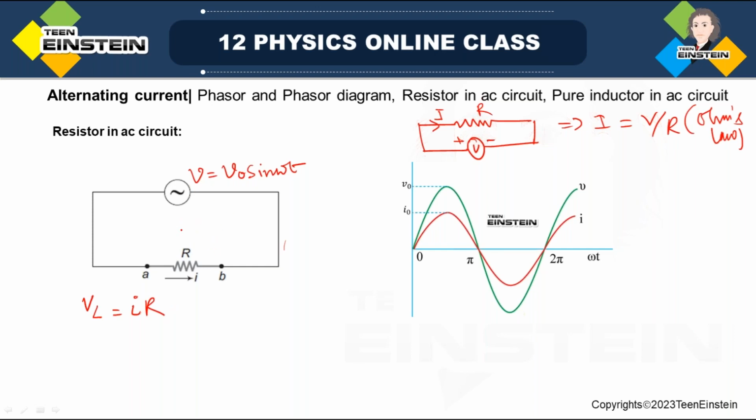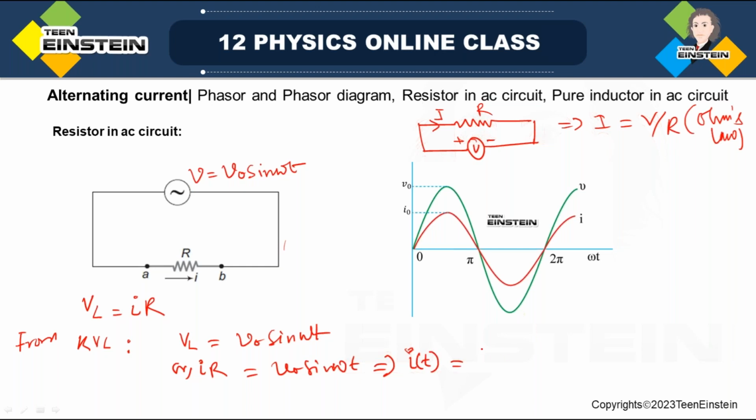Since there is no other source of potential drop in this circuit, from Kirchhoff's law, KVL, VL is equal to V0 sin omega t. What is VL? VL is IR. So the instantaneous current through the resistor will be V0 by R sin omega t.